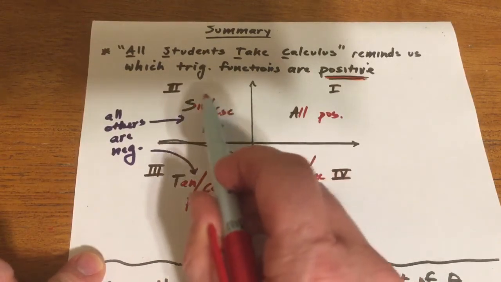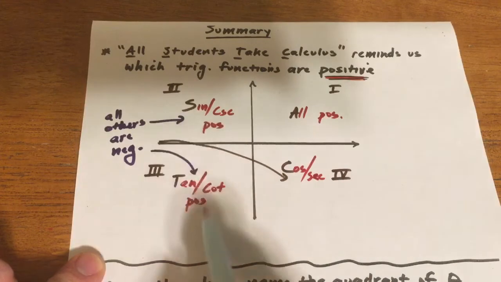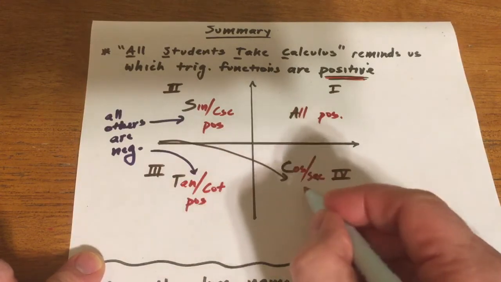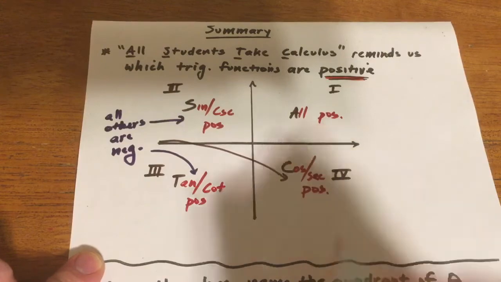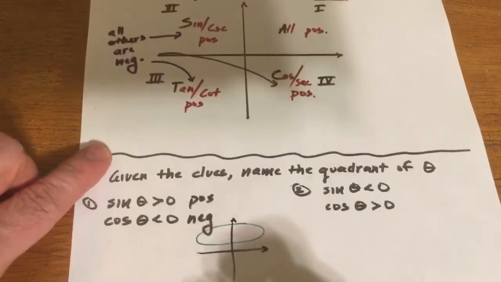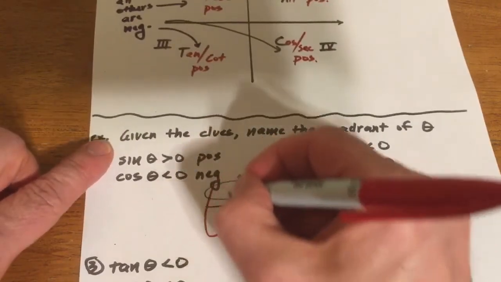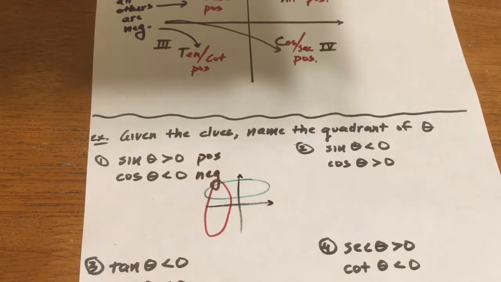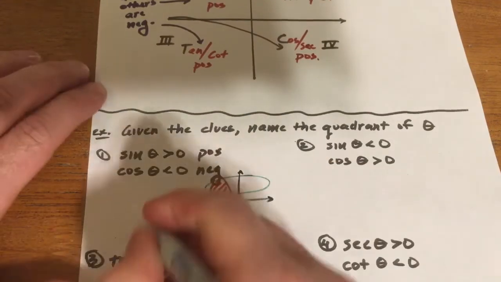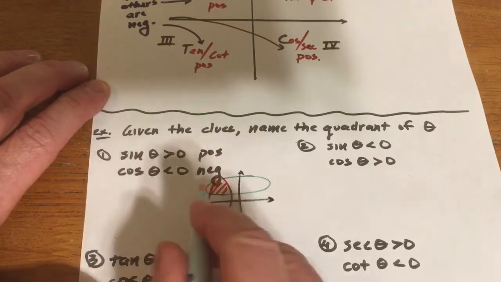So cosine is going to be negative here, and similarly, it's going to be negative right there. By the way, let me go ahead and put the word positive there just to be clear. And so now we're in quadrants 2 and 3. So let's put a circle in quadrants 2 and 3. Now, where the circles overlap, that's the quadrant that theta is in. So theta will be in quadrant number 2.